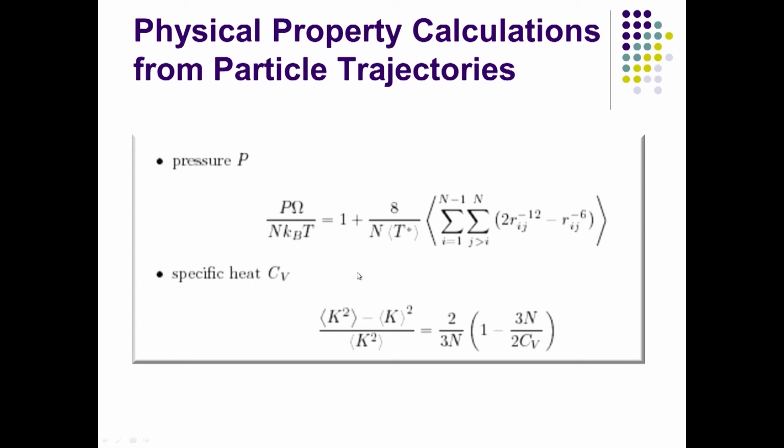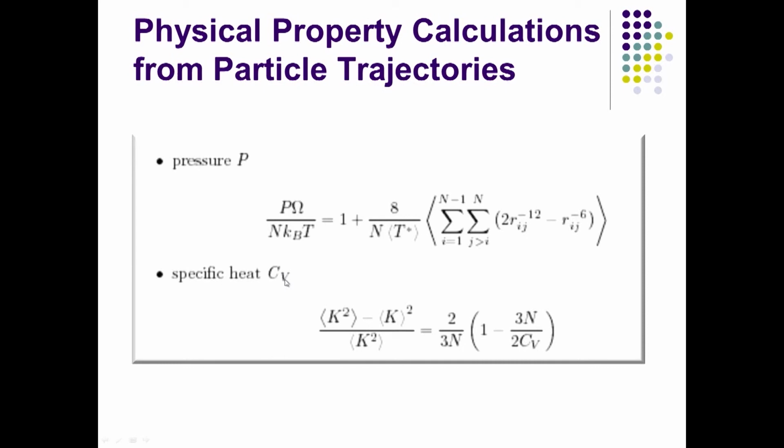Now, we come to the specific heats, which are important to find for solid, liquid and gaseous phases, as we discussed earlier. In that case we are essentially calculating the K, which is connected with the specific heat in terms of 2 over 3n times 1 minus 3n over 2 C_V, which is where we are connecting it with the specific heat. That is connected with the standard deviation in terms of the central value of the kinetic energy.